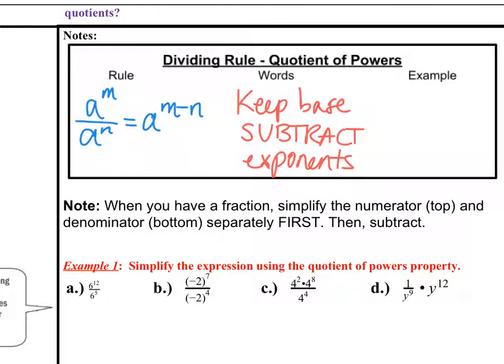And I'll use the same one that we just did. 5 to the 6th over 5 to the 2nd. Well, that would be equal to 5, and you do 6 minus 2, because you can cancel them out, and you get 5 to the 4th.